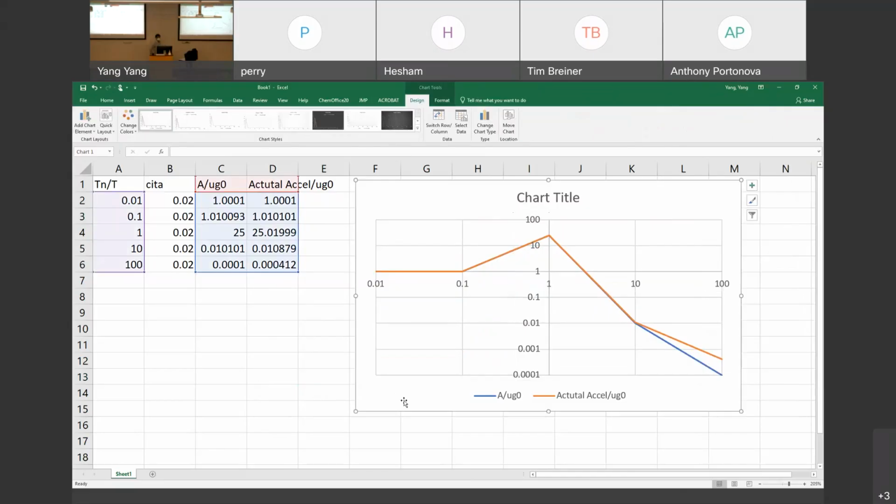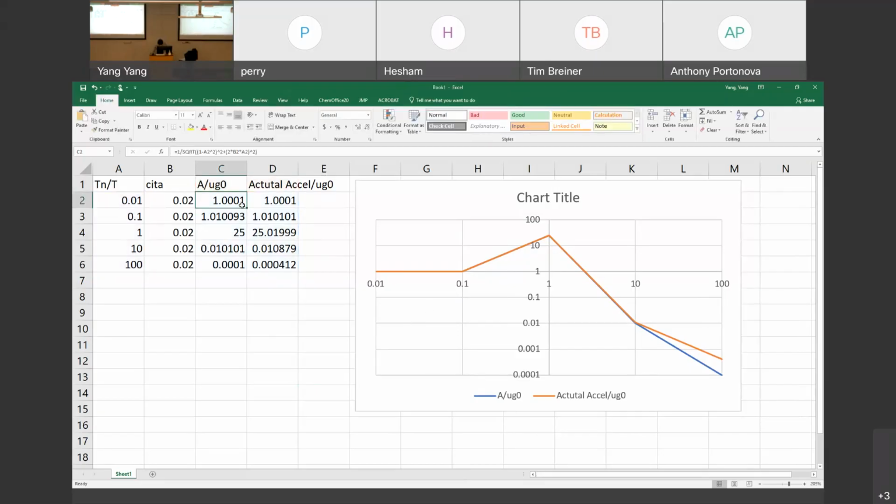That way we should be able to tell the difference of the pseudo and the actual response over here. So, yes, if you go over to the A divided by UG0 and click on that cell, that's 1.0001. Okay, I was just making sure my number is a little off.